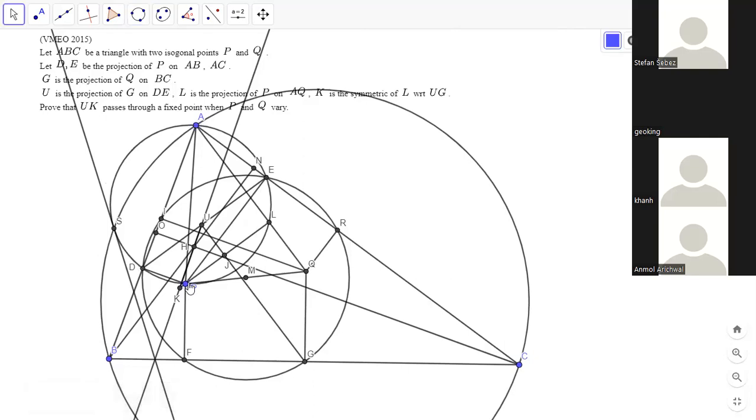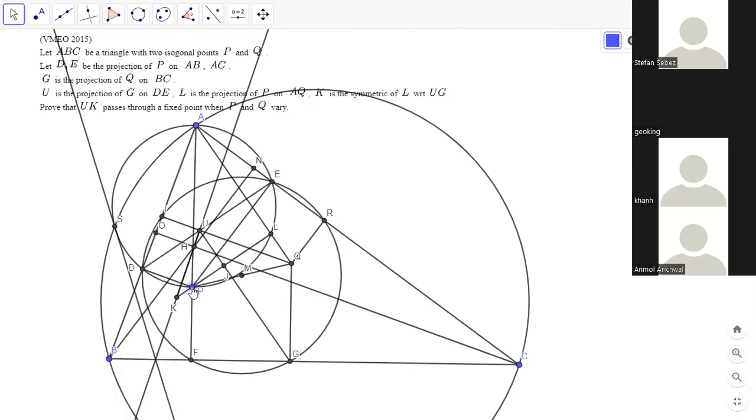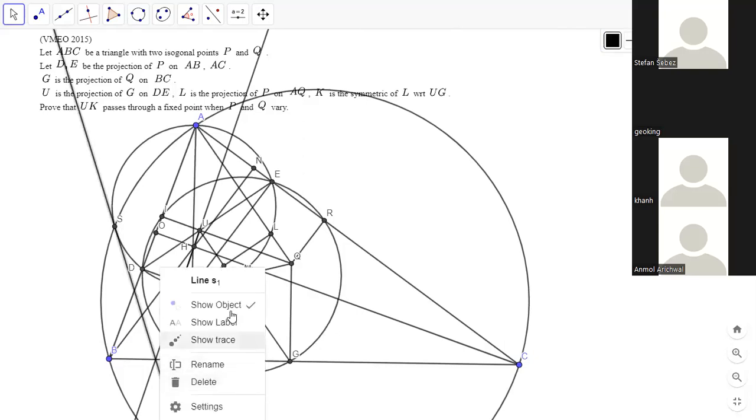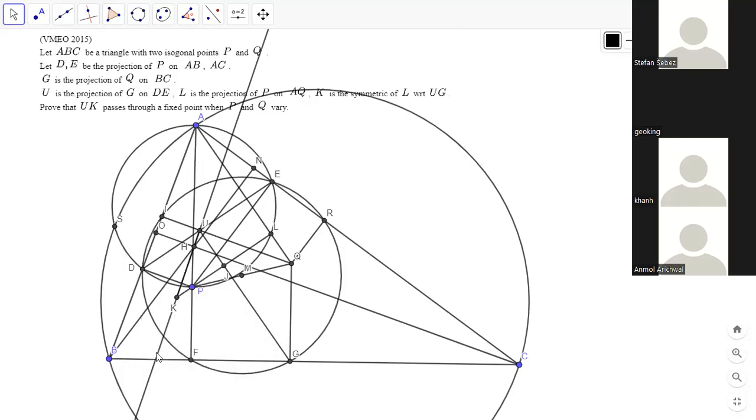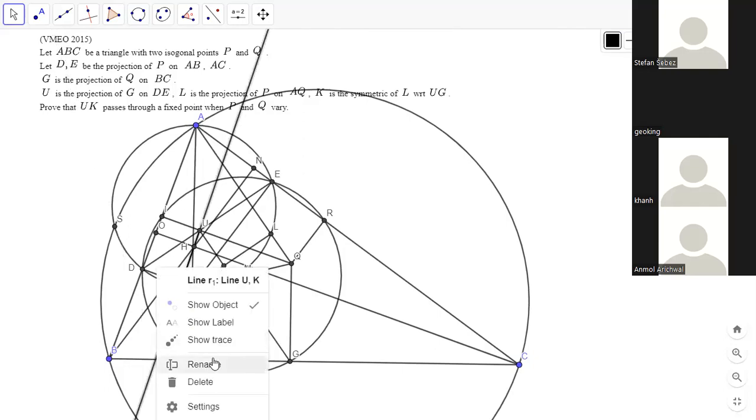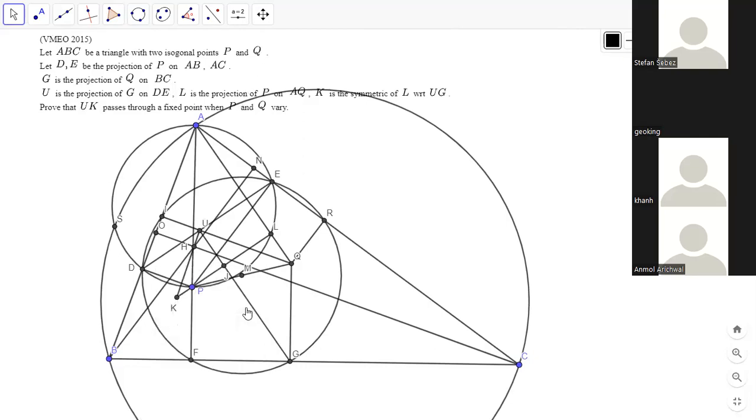Can you check if that point lies on the radical axis of BE and CD? Yeah.